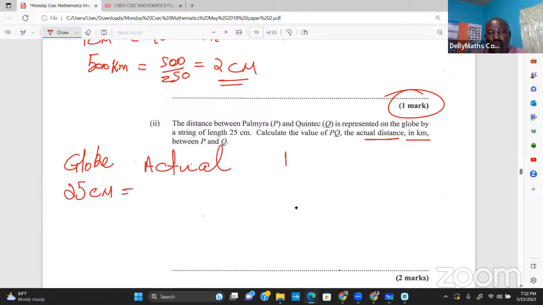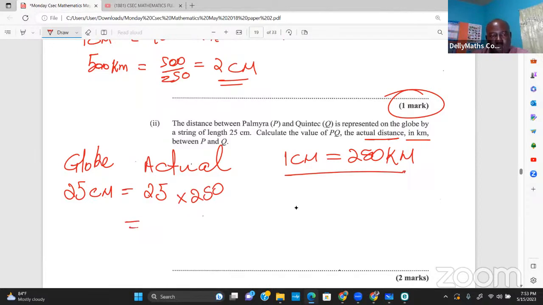Remember now, 1 cm would have given 250 km. So what I'm going to do now is just multiply 25 by the 250. Because for every 1, it's 250.